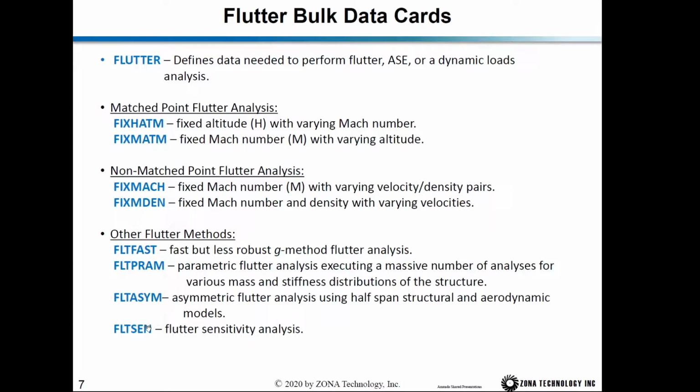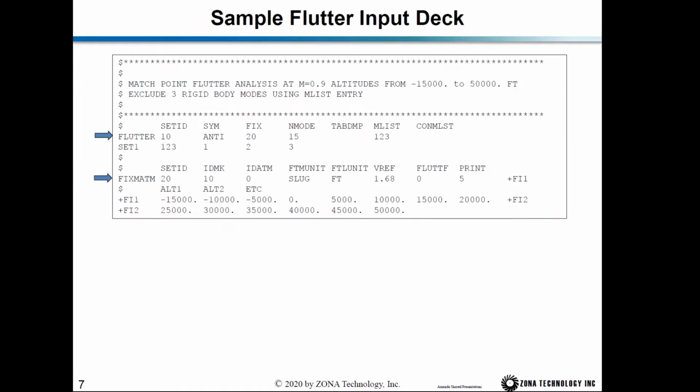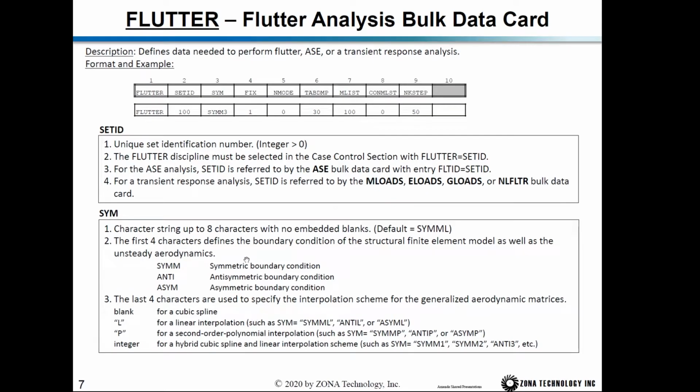You have the FLAT SENS card to perform Flutter sensitivity. So this is the Flutter card, and it can be referred to by the Flutter case control command, or by the ASE card to do ASE analysis, or by the dynamic loads analysis.